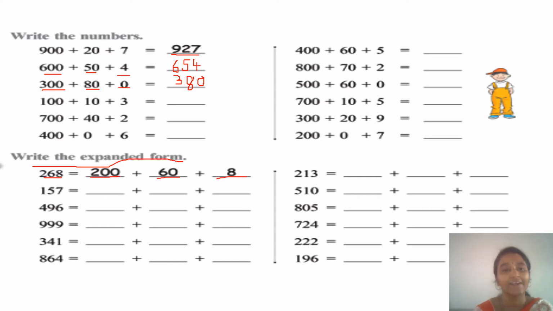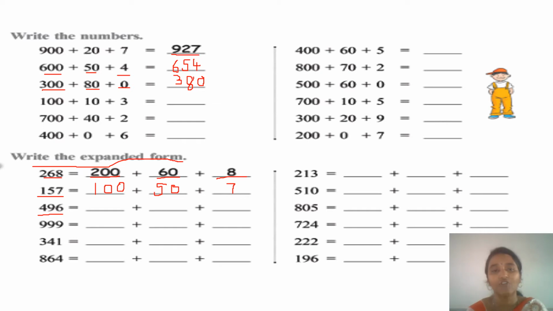Now 157. How will we divide this into expanded form? How many hundreds? 1, right? 100. Next, how many tens are there? 5, no? 50. And how many ones are there in ones place? 7. So I am writing like this. Next one, 496. How many hundreds? 4 hundreds.